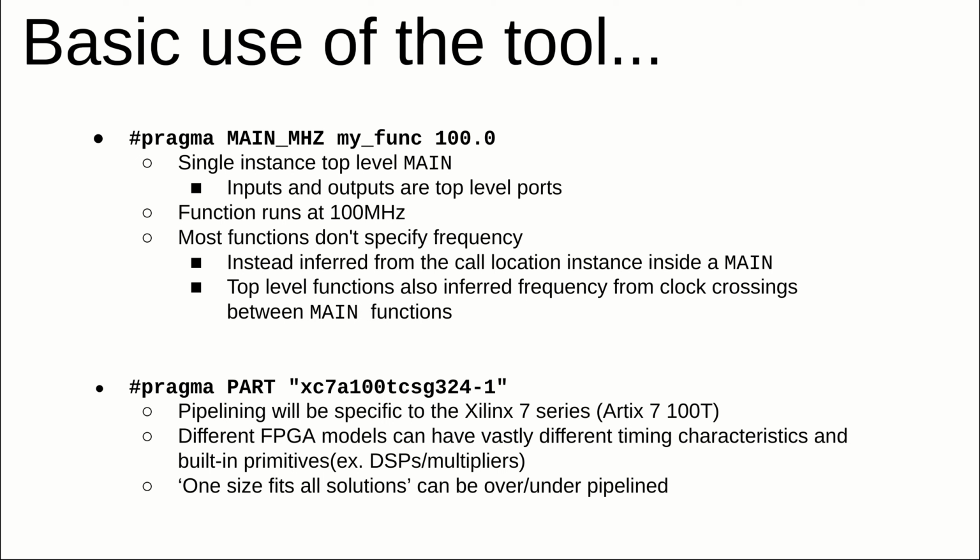Picking pre-pipelined blocks, kind of one-size-fits-all solutions, and working with those can often be over or under pipelined, which is what I discovered at my job when I was learning the troubles of pipelining. We weren't using building blocks because we needed custom, down-to-the-cycle control.